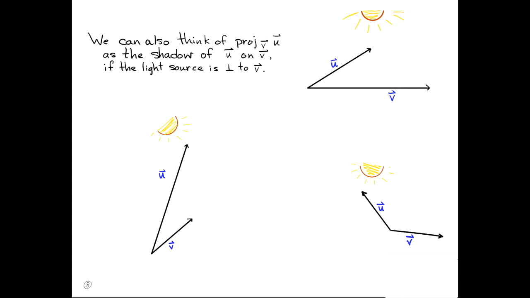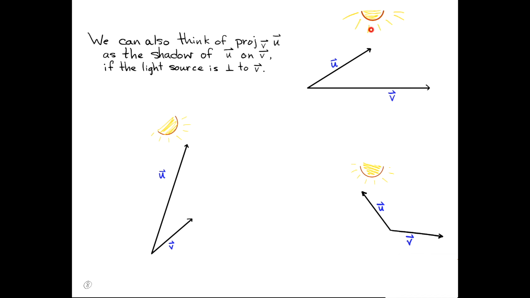Geometrically, we can think of the projection of u onto the vector v as the shadow of our vector u on the vector v, if the light source is perpendicular to the vector v. In the first one that I've sketched here, to draw the projection of u onto v, think of your light source as being directly above the vector v.